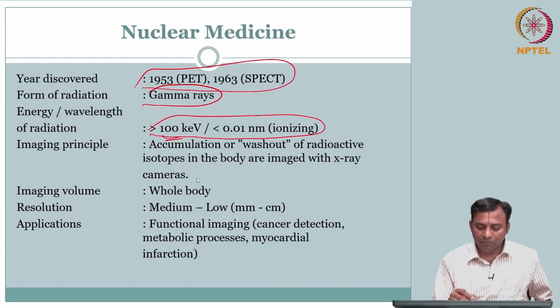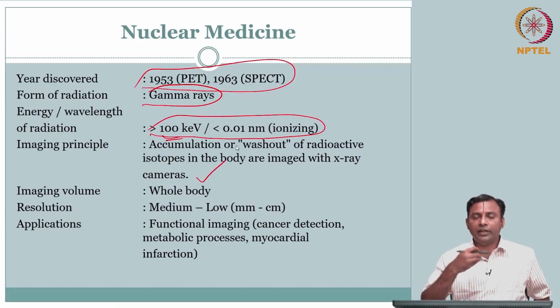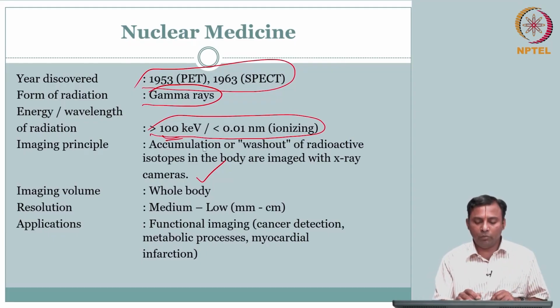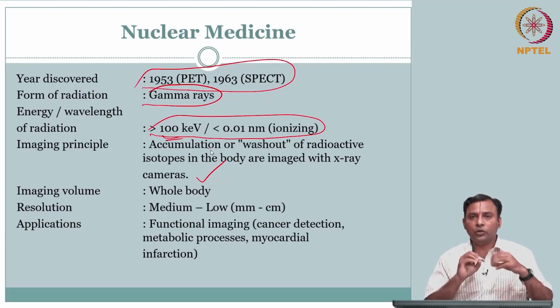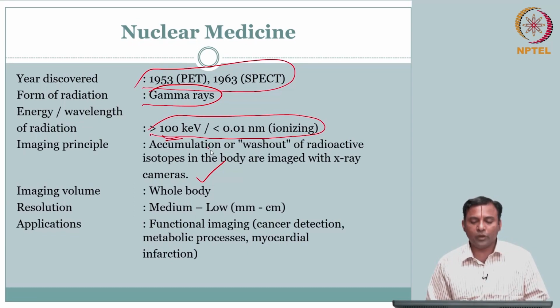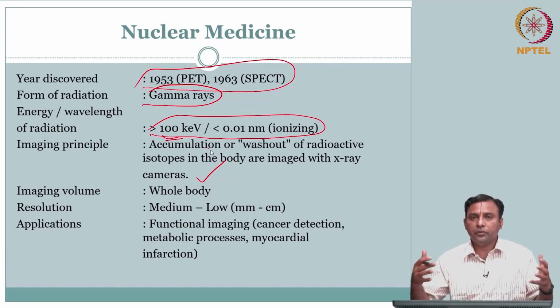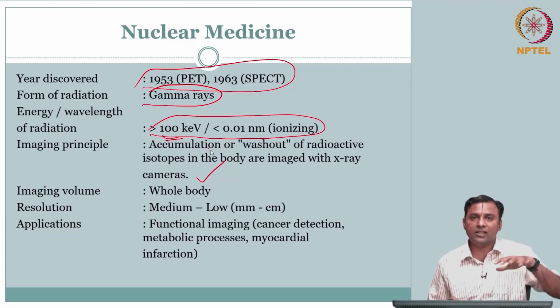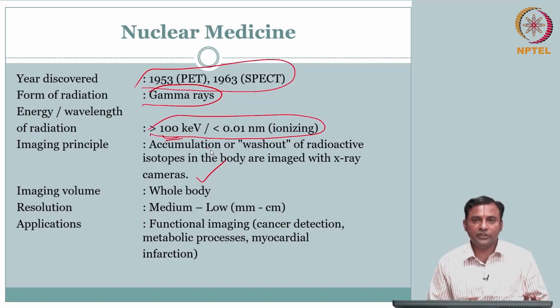And I think we saw the imaging principle. Essentially you give the radio tracer, it accumulates wherever there is activity and sends out radioactivity from that location, and so you infer from that activity that the concentration of this radio tracer is related to the functional aspect of that physiology.